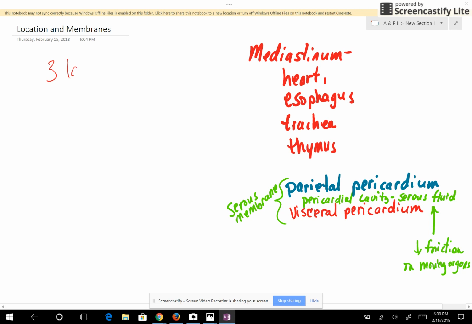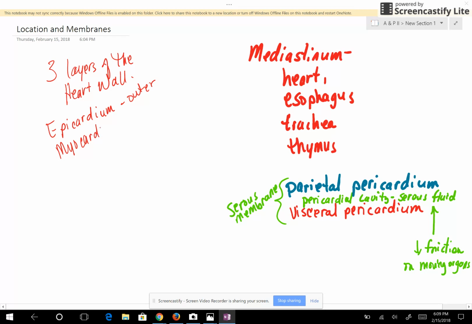The outer layer is the epicardium. The epicardium is also known as the visceral pericardium. The middle layer is the myocardium. And if you know that myo means muscle, we're looking at the big muscle layer.